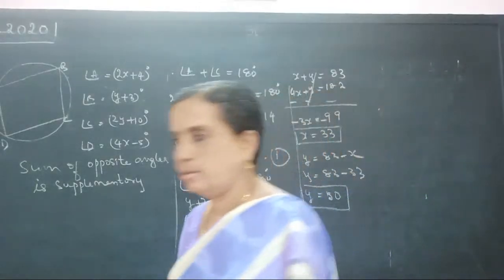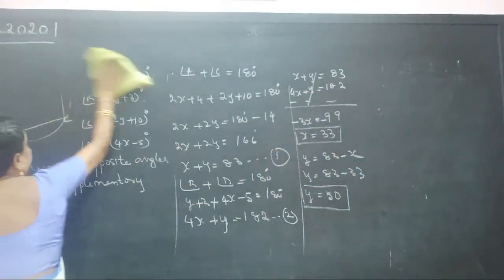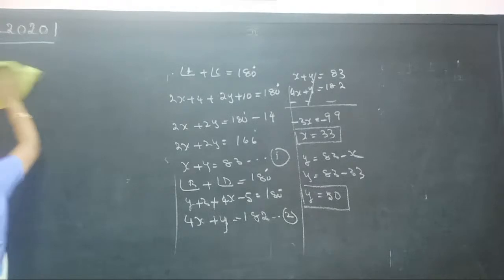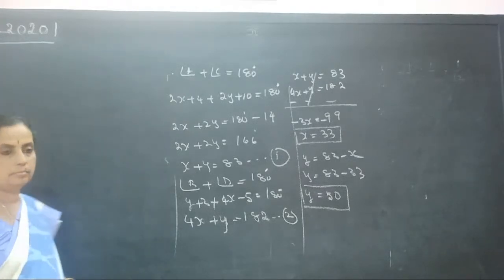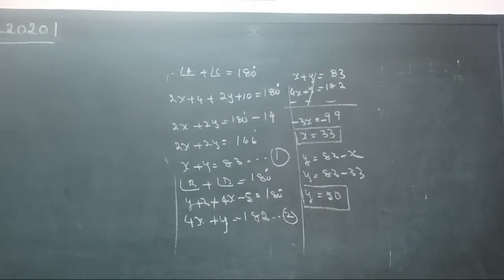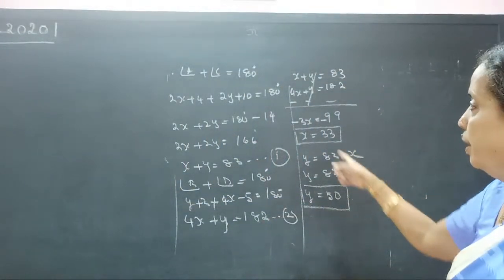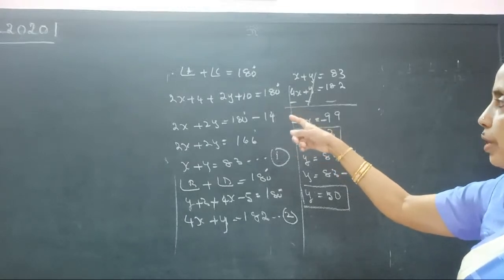Got all the angle measurements. Getting 33 and 50, angle A is 2 into 33 plus 4.